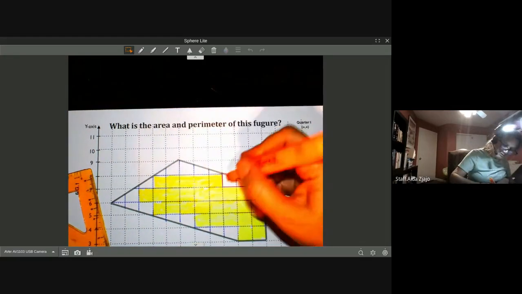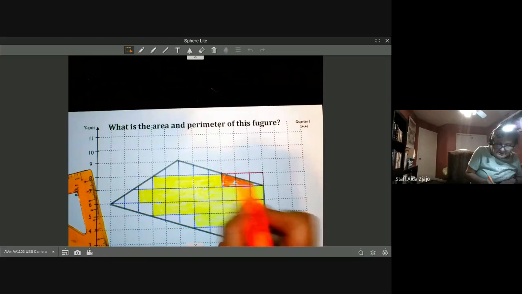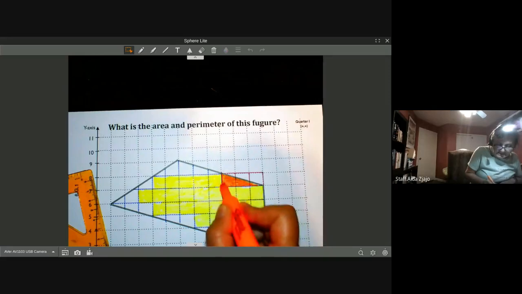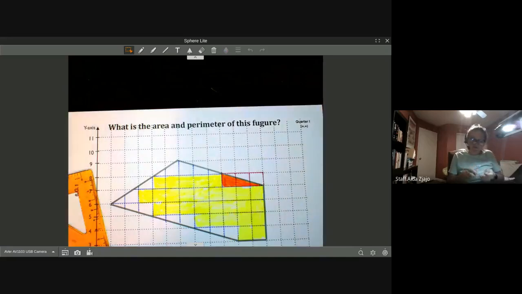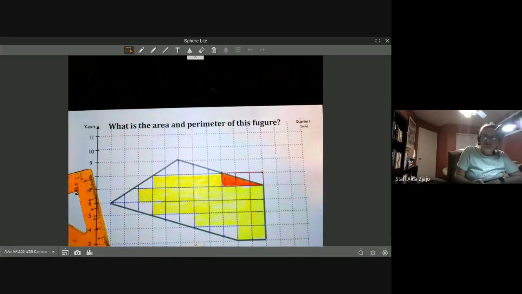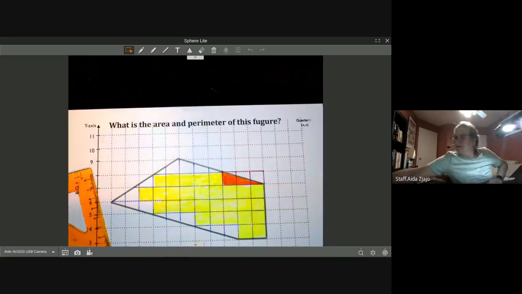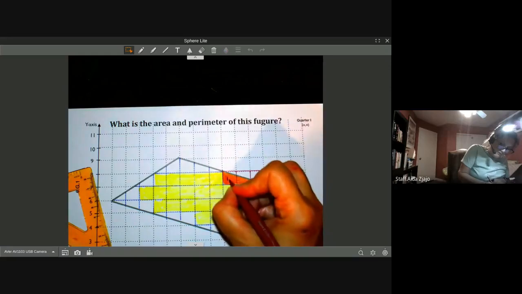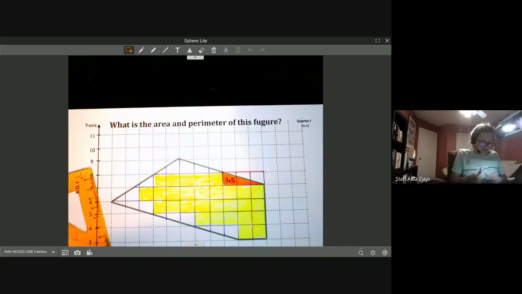I'm going to use a different color so you can see that triangle right there. That is 1.5, or 1 and a half if I use fractions.